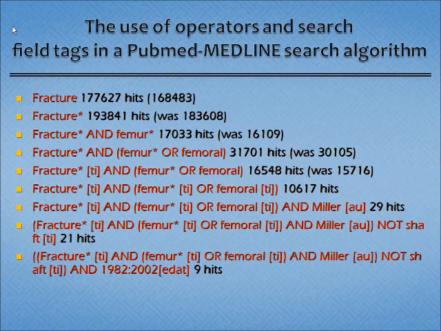If you put it just before shaft, this search is operated, but the word shaft is excluded from the results. So the number drops to 21. 8 results was with shaft fracture. Also, if we limit it with a date, we reach 9 hits.